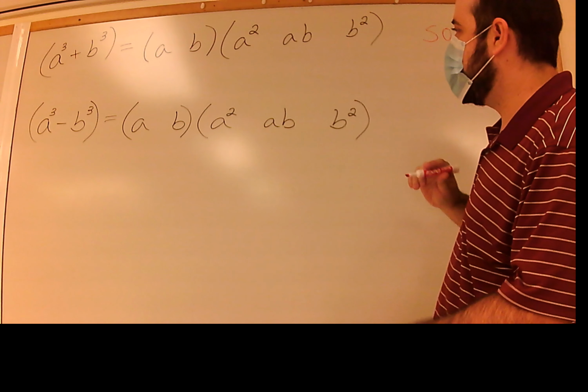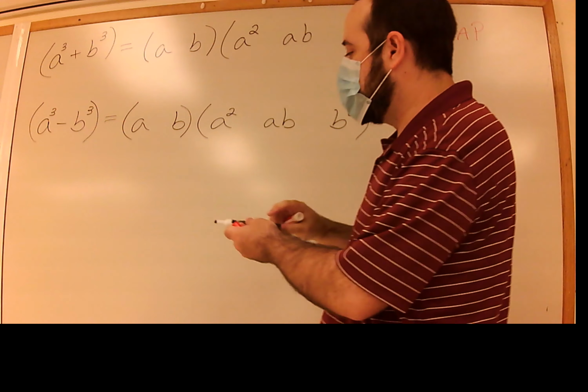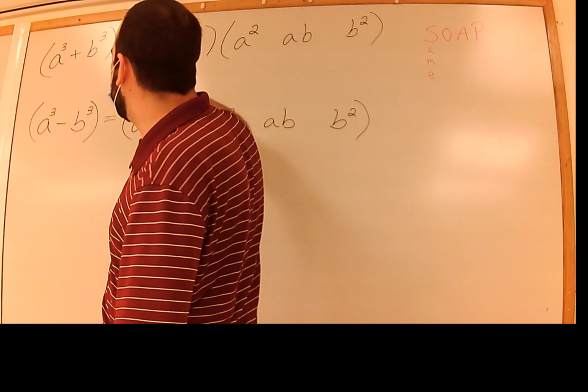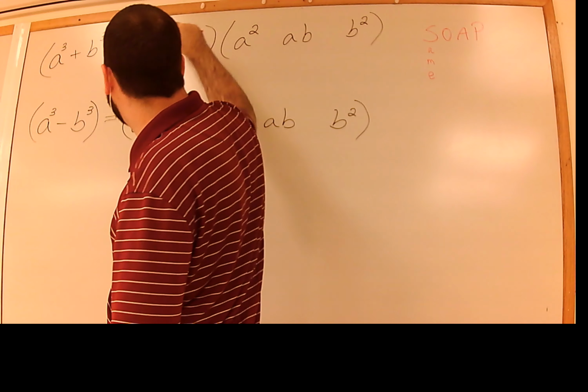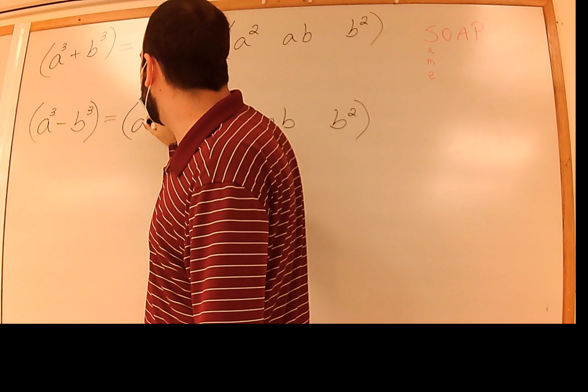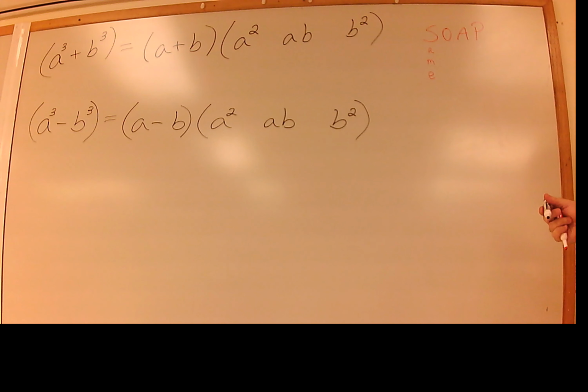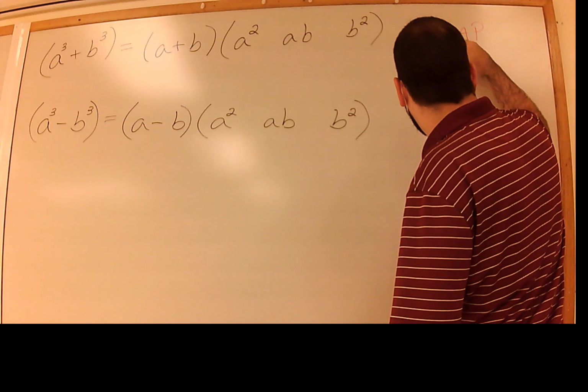The first sign is going to be the same as what you started with. So this one we had the sum of 2 cubes, so this is going to be A plus B. The difference of 2 cubes, so this is going to be A minus B. The next sign is going to be the opposite of what you started with.